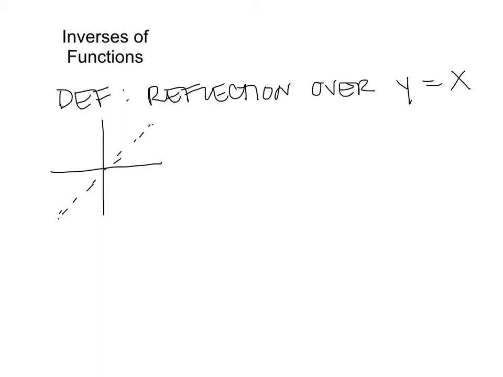Another thing you might notice is that what we're doing when we reflect is switching x and y. One thing you're going to see a lot in this video is me talking about flipping x and y, or switching if you like that word better.